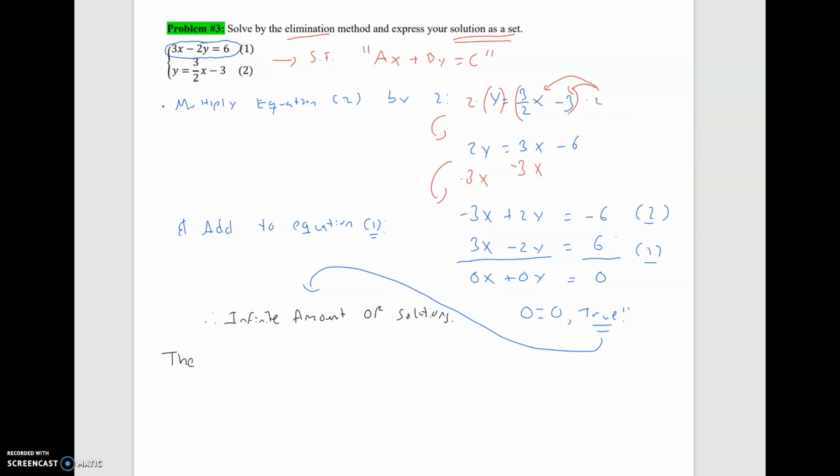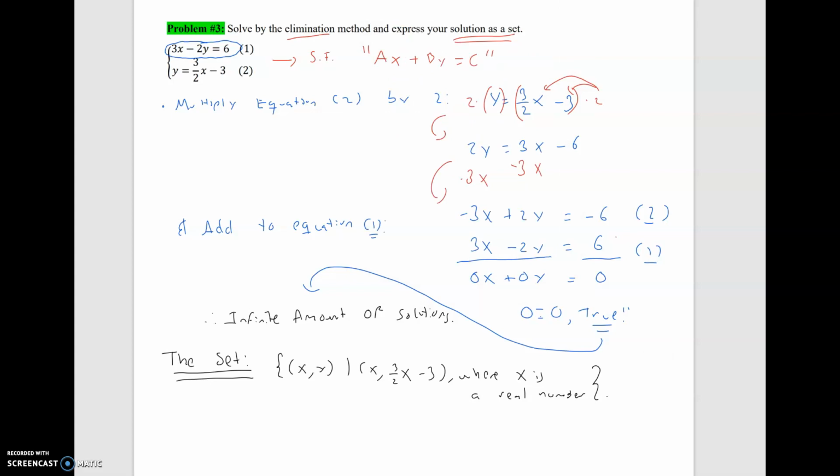Let me say that it's going to be the following set: the set of x's and y's such that, where the vertical bar means such that, you're going to have x comma, and all your actual y values are going to be of the form 3/2 of x minus 3, where x is a real number. Let me close that set.